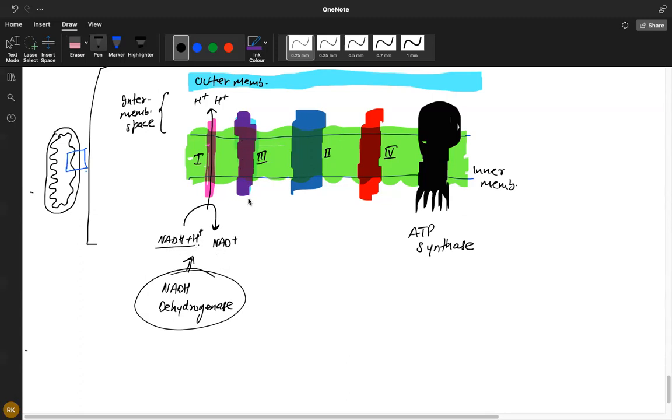And then complex 3, write down, complex 3 has 2 other enzymes and complexes. Okay, let's write down this.